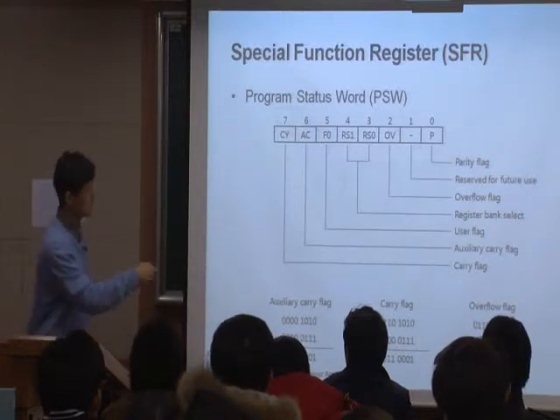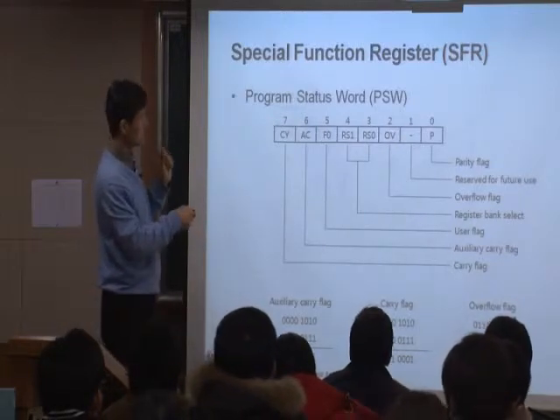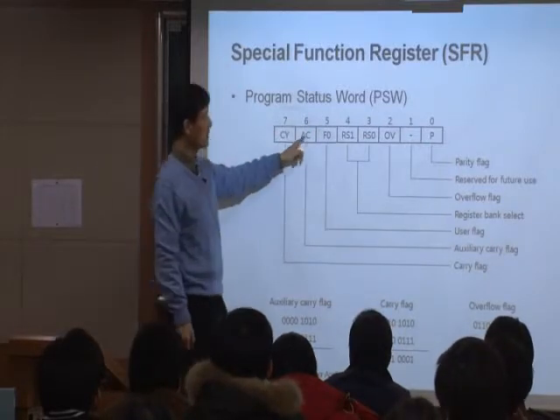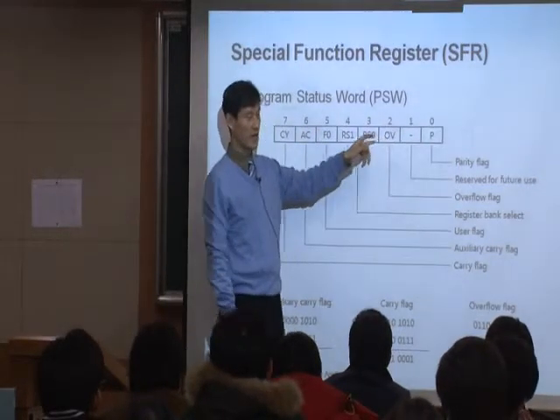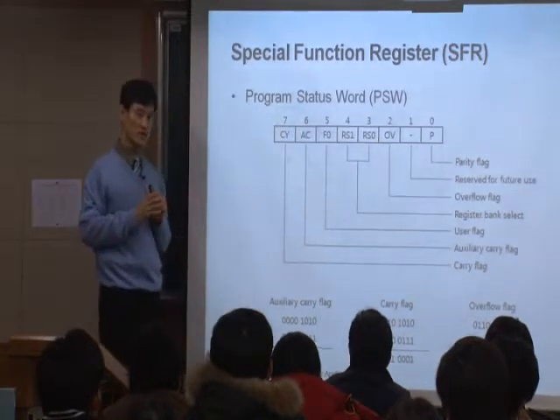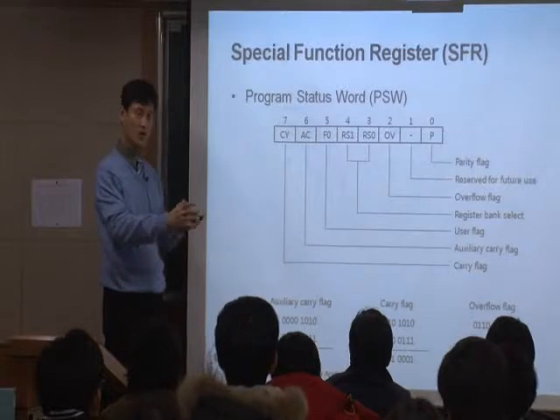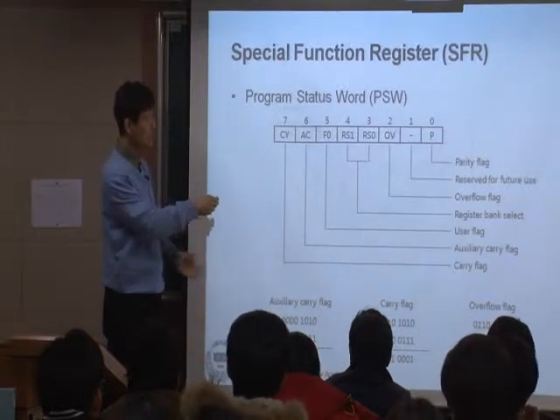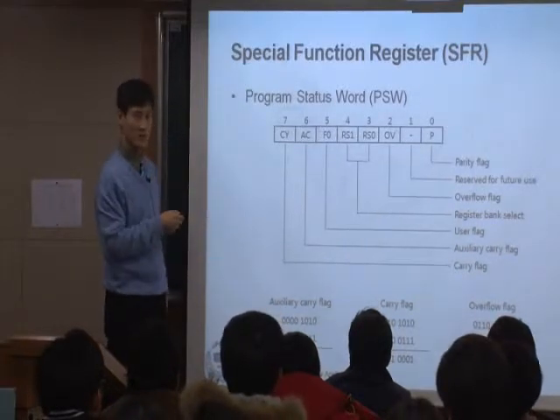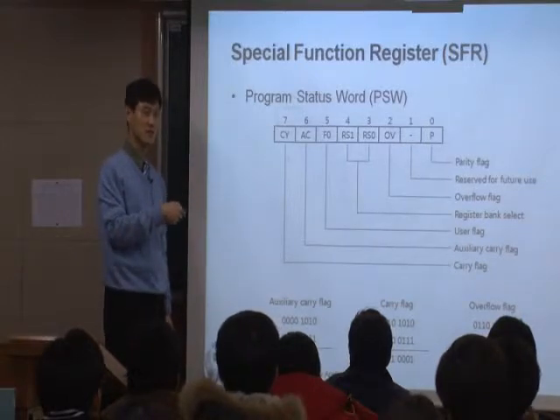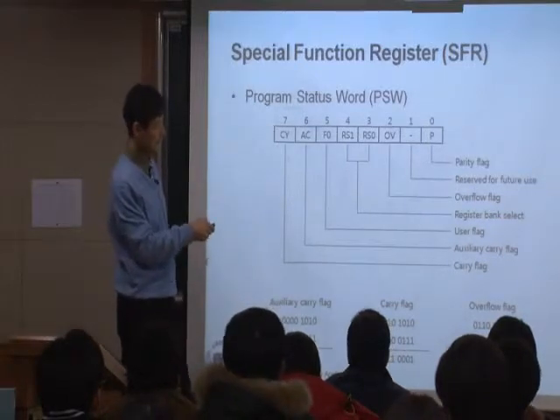But here, there is a register called the program status word. And in this register, we have so many different bits. If we want to understand the status of this chip, the condition of this chip, we look at each of the bits. Then we understand what the condition, what the status is. So let's see one by one.